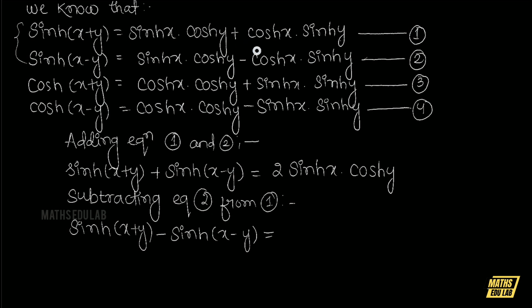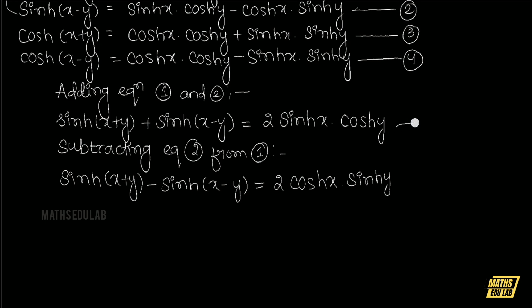Then the other part is cosh x sinh y minus minus cosh x sinh y, so it becomes 2 cosh x sinh y. Consider this as our fifth equation and this is our sixth equation.